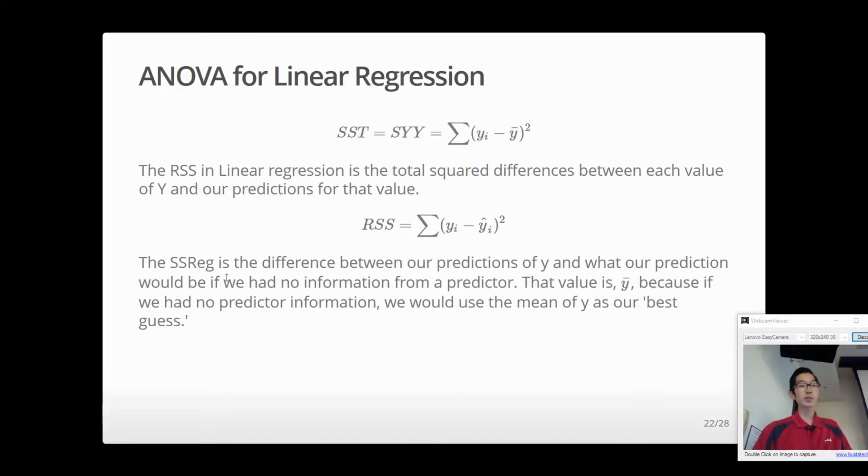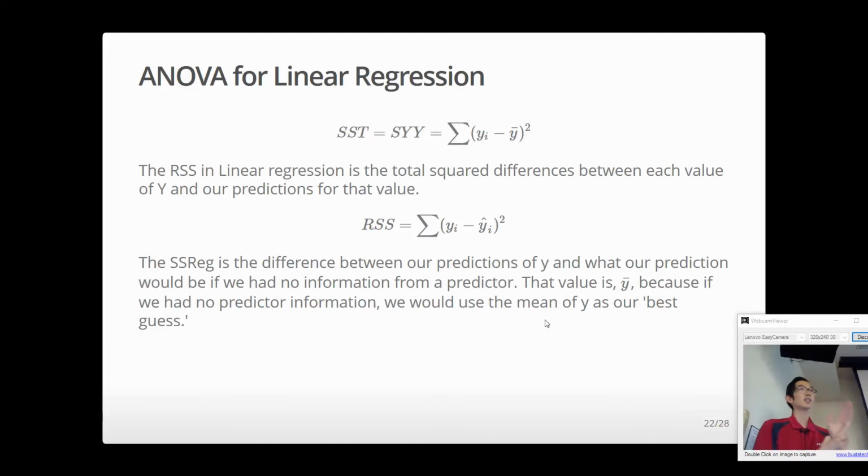And then the sum of squares regression is the difference between what our prediction is according to the model, which is our y hat value, and what our prediction would be if there were no predictor. At the very beginning of the course we said, if you weren't given an x value, or any information, what's the best guess you should make?